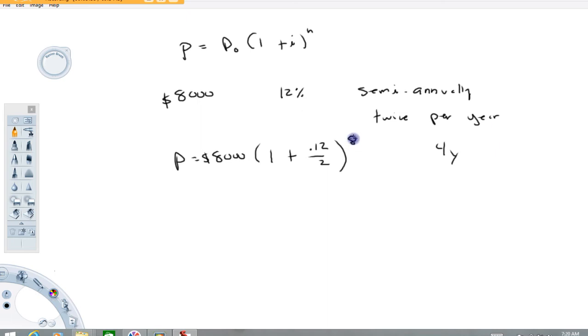So now I'm going to calculate this. Most of these types of problems are compounded monthly, and I'll probably make some examples up that look like that, but I'm going to run this one as I read it. So 8,000 times the quantity 1 plus 0.12 over 2, raised to the 8th power.